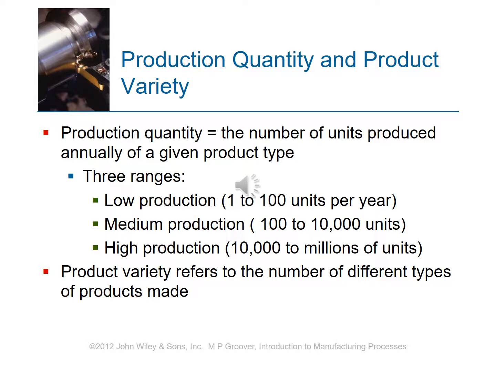Look at Southworth, for example: they could take a couple of weeks to complete just one product. So there's low production, generally less than 100 units per year. Medium is 1,000 to 10,000 units per year, and high production is millions of units, right? Variety refers to different types of products made, and flexibility. We'll talk about that later.